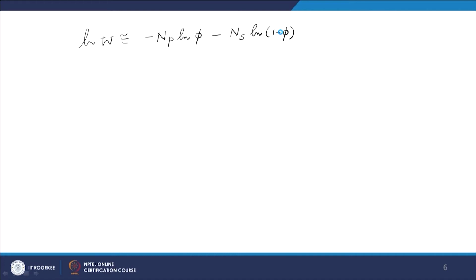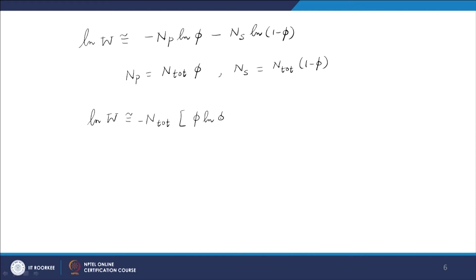So, now you can note again that ultimately Np is equal to n_tot phi and Ns is equal to n_tot (1 − phi). Therefore, ln W is approximately equal to −n_tot [phi ln phi + (1 − phi) ln(1 − phi)].